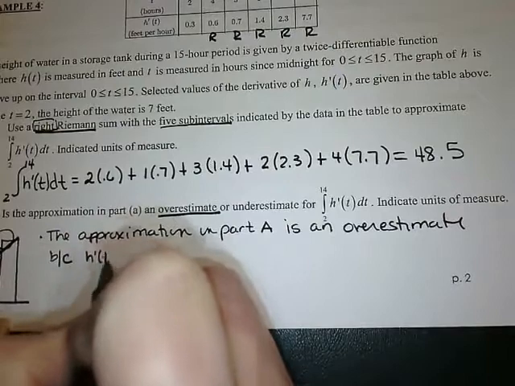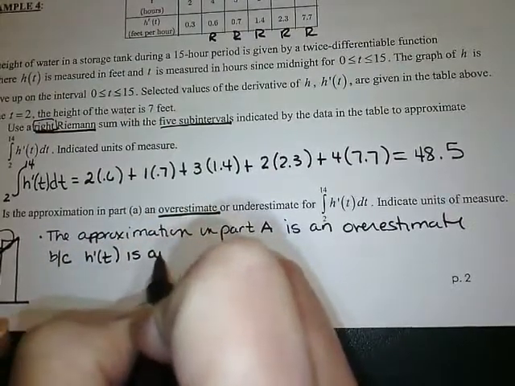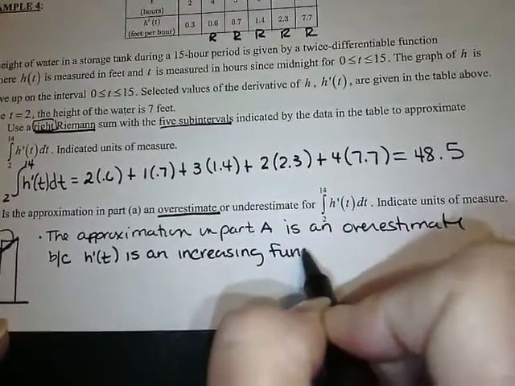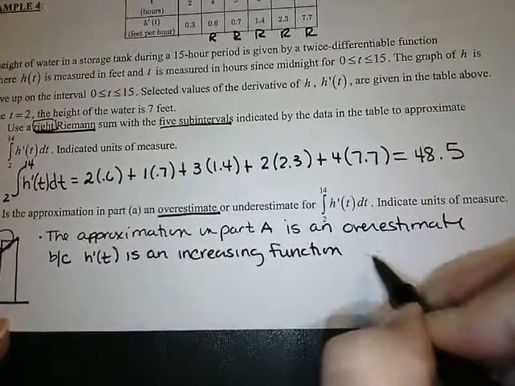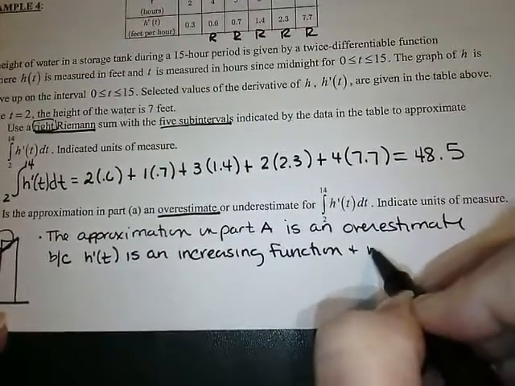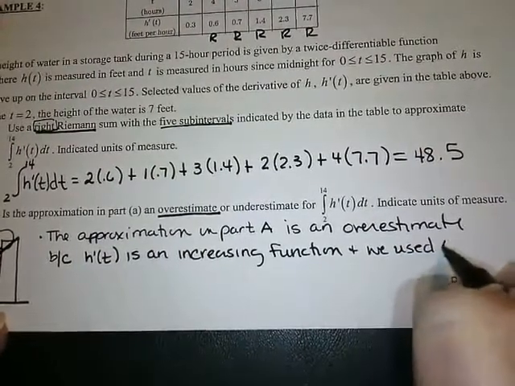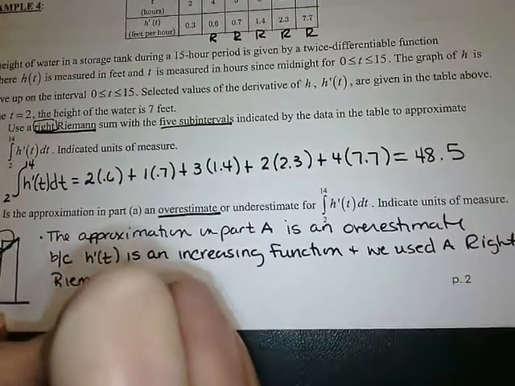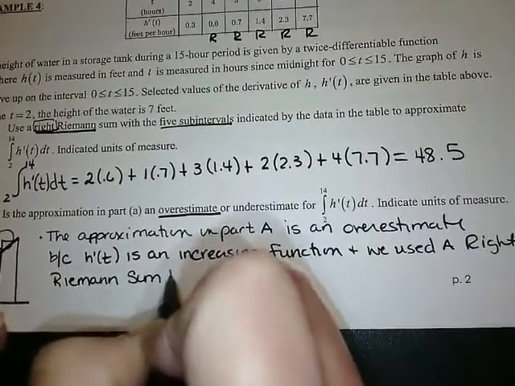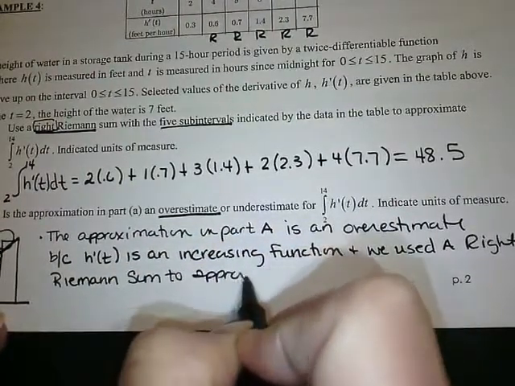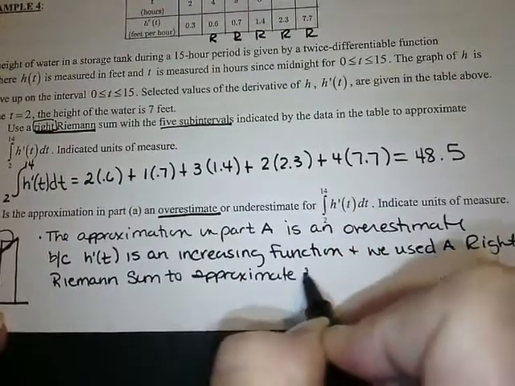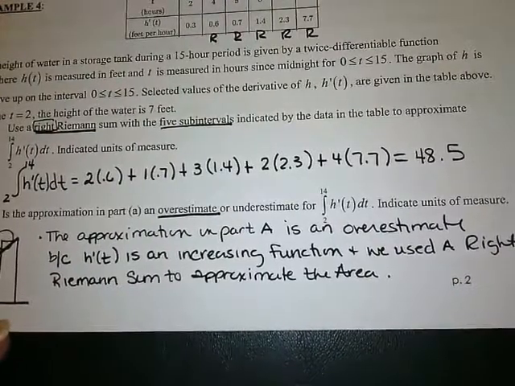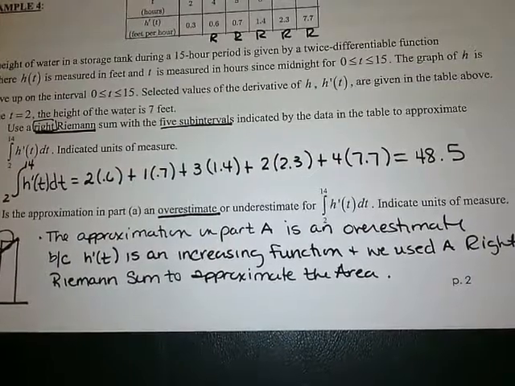Because h prime of t is an increasing function and we used a right Riemann sum to approximate. Okay, so it's an overestimation. Why? Because one, it's increasing, and two, we used a right Riemann sum.